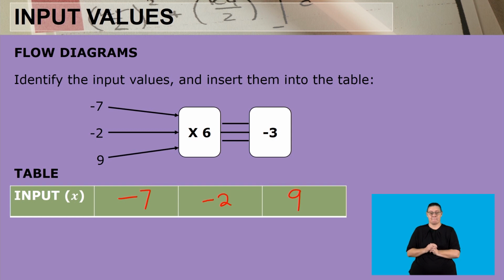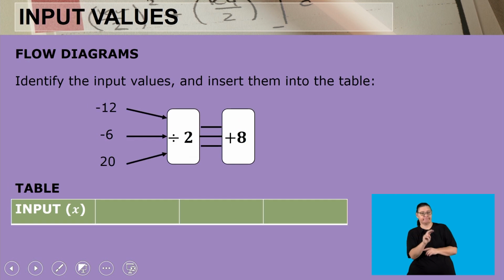Let's look at our last flow diagram where we are going to be looking at these input values. This flow diagram again has two parts of an equation. A value is going to be divided by 2, and to the answer we are going to add 8.